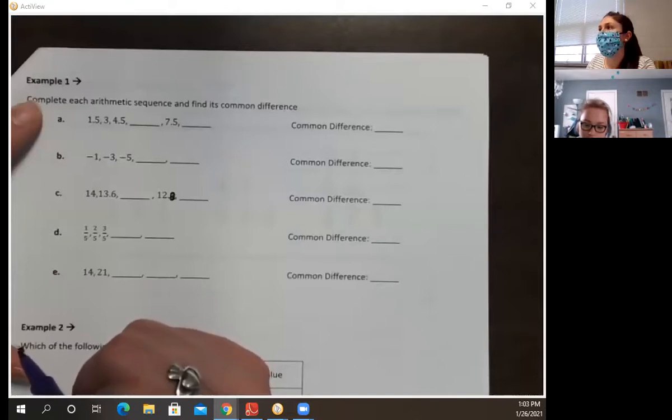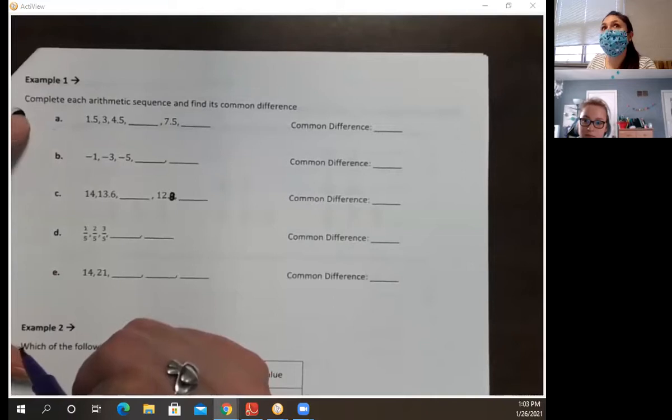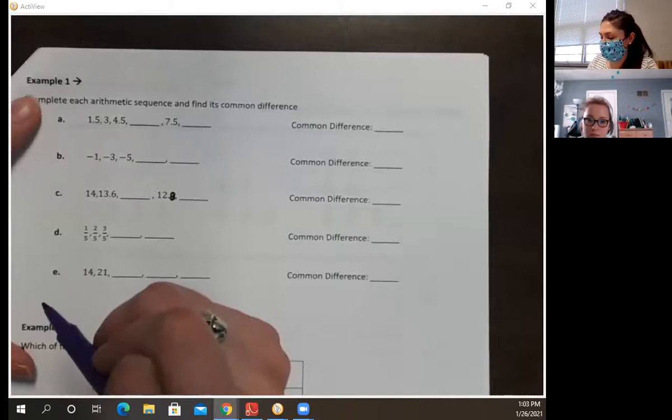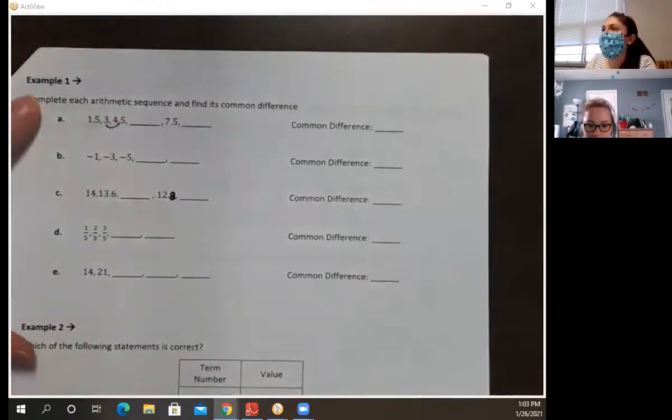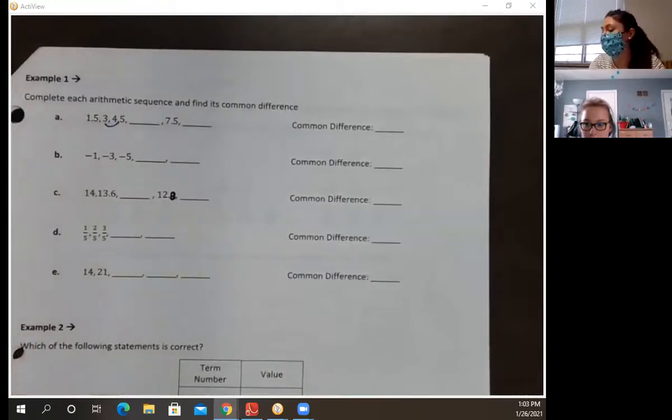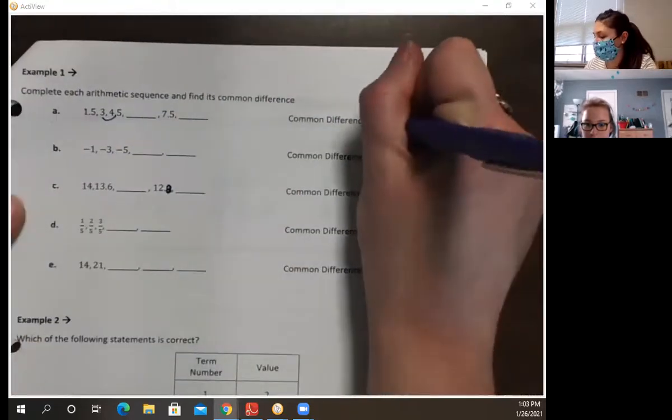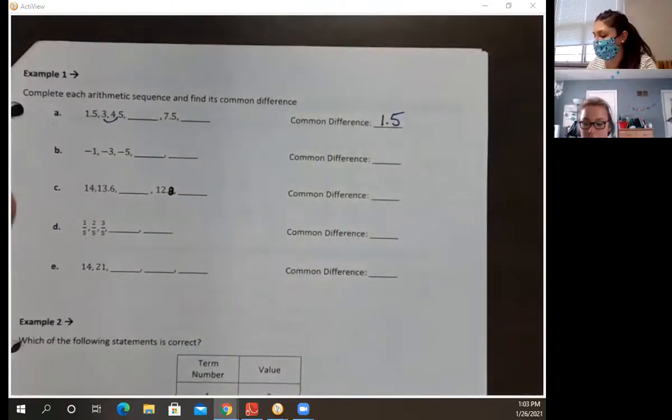What do I have to add or subtract each time to get the next term? 3 plus what gives me 4.5? 1.5, yep. So our common difference is 1.5.